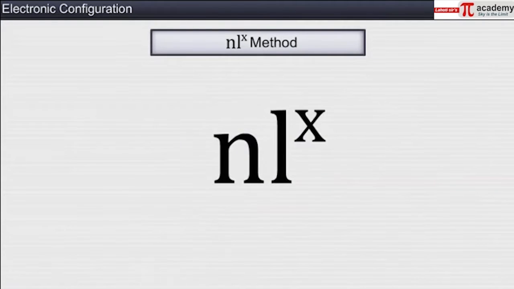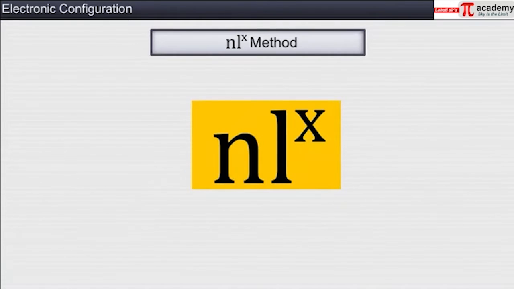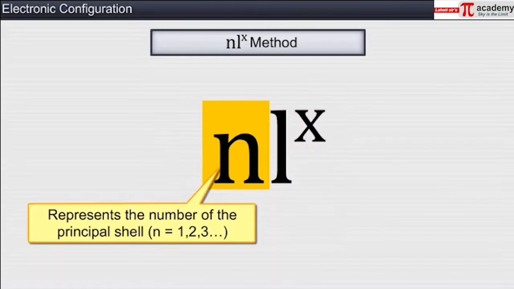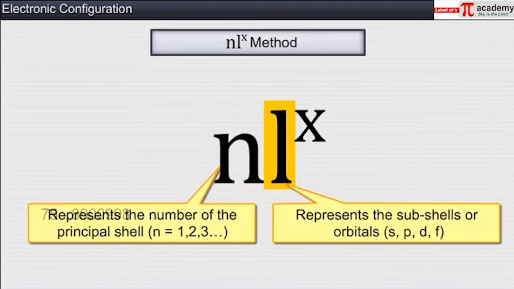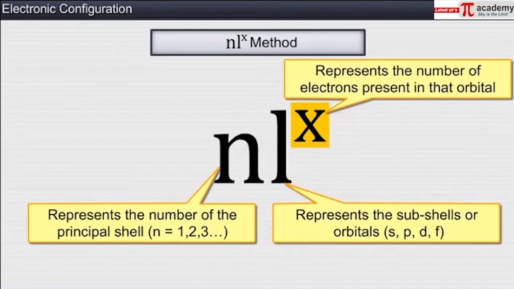The other way of representing the electronic configuration is by the nLx method. Here, n represents the number of the principal shell, that is 1, 2, 3, etc. L represents any subshell or any orbital: s, p, d, f, and x represents the number of electrons present in that orbital.